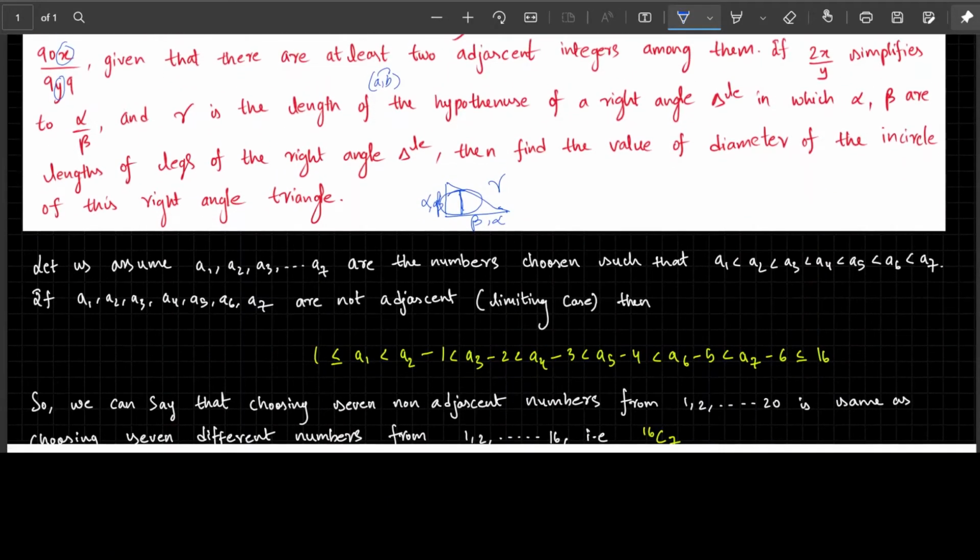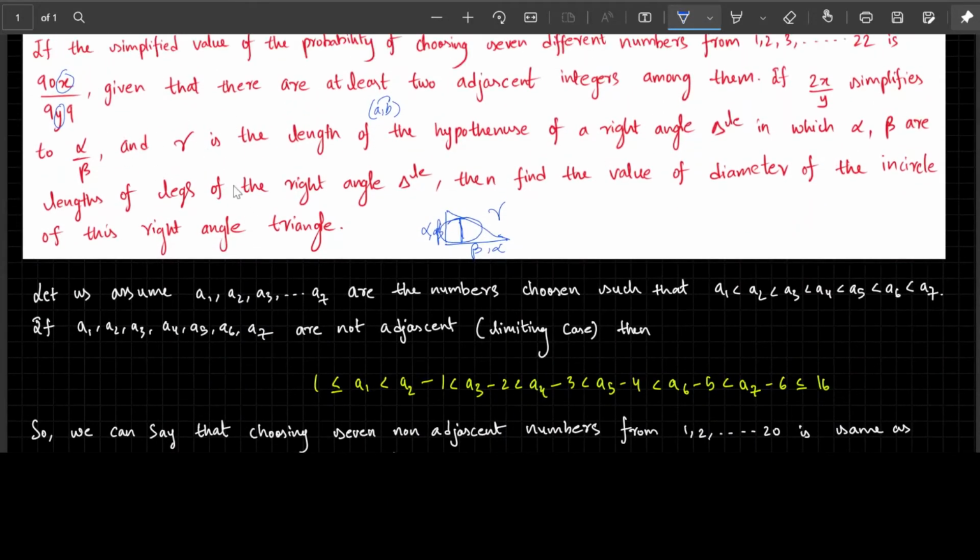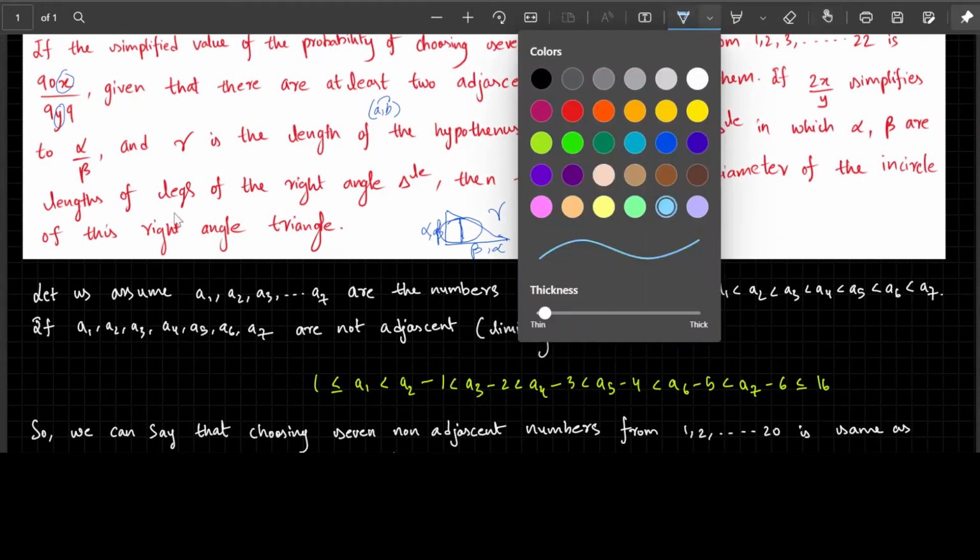So let us proceed now. Let us assume a1, a2, a3, and so on till a7 are the numbers that are chosen, such that a1 is less than a2, less than a3, less than a4, less than a5, less than a6, less than a7. Fine, so this is how the numbers are chosen. You can randomly choose any numbers.